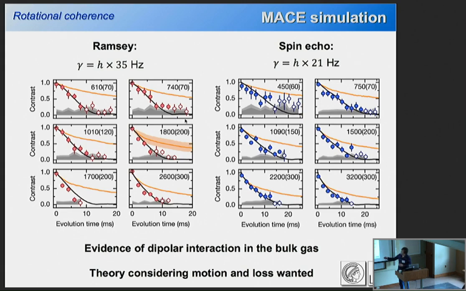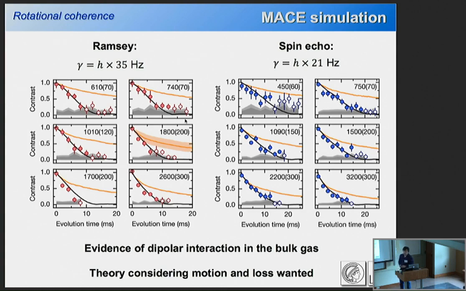So the yellow line is a simulation result that only considers dipole interaction, and the external field is homogeneous. And from the low density decoherence, we get this effective single particle dephasing. We introduce this, and that's the black line.